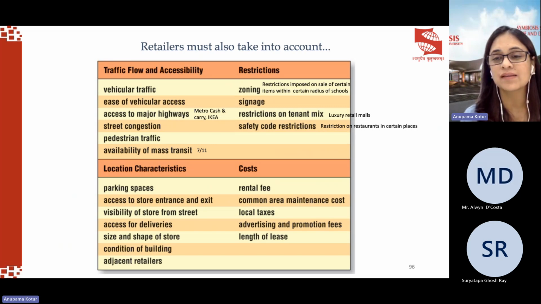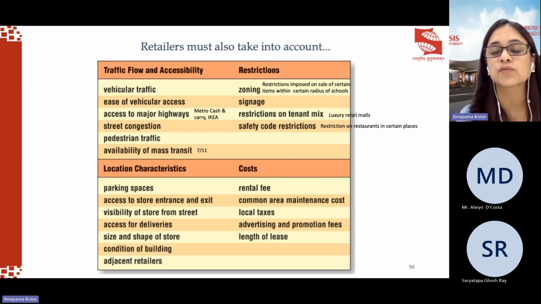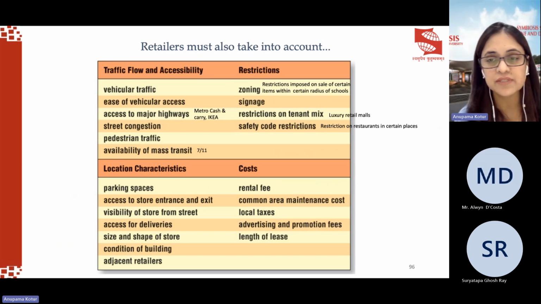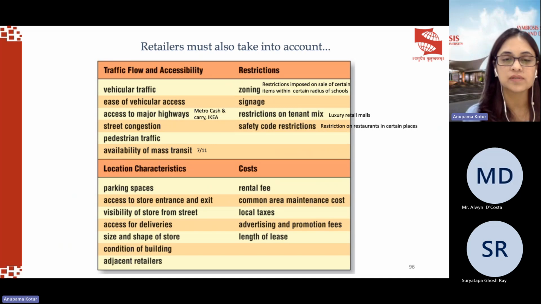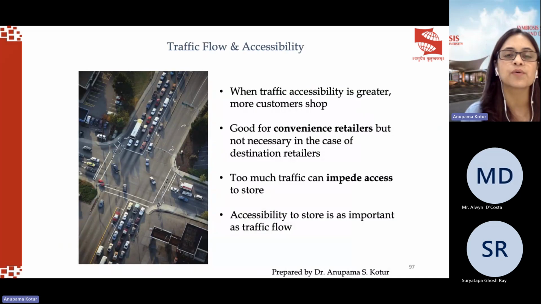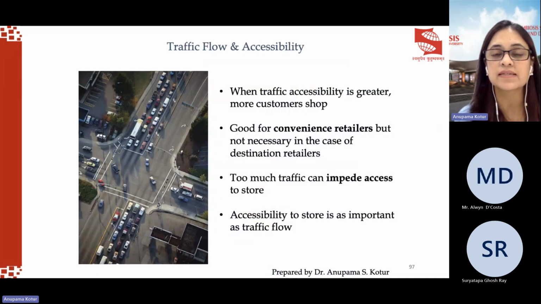The rent itself is so high that it discourages others, even if the rent is something that they are willing to pay. Because they want to control the tenant mix, they would probably discourage these kinds of stores from coming up in places like those. Safety code restrictions. Of course, we've seen that. Okay, and then there are some of the characteristics, please go through them in your own time, very self-explanatory.